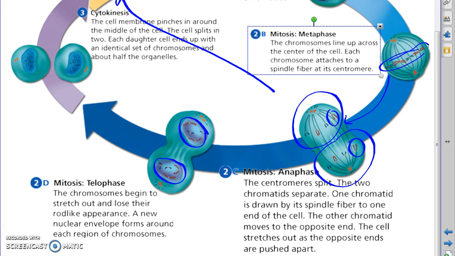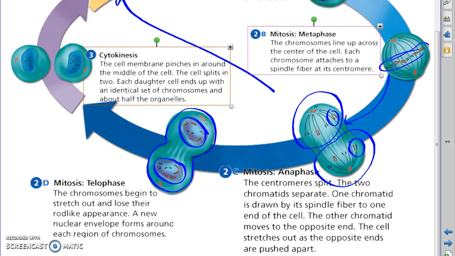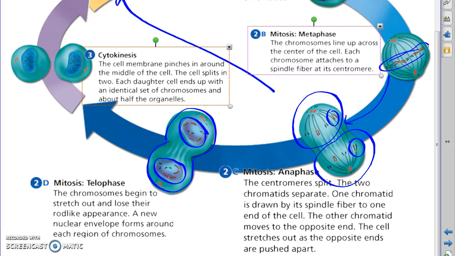So by the end of telophase, you still have 1 cell, but it'll actually have 2 nuclei. Last but not least, we get to the last stage, which is, in fact, cytokinesis. So cytokinesis, finally, we're getting this total pinching in of the cell membrane, and it splits apart, and we have 2 brand new daughter cells.